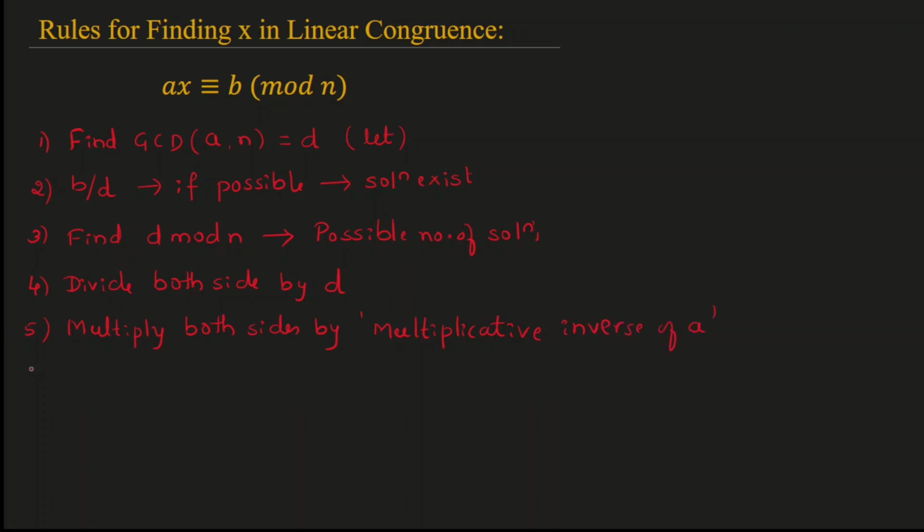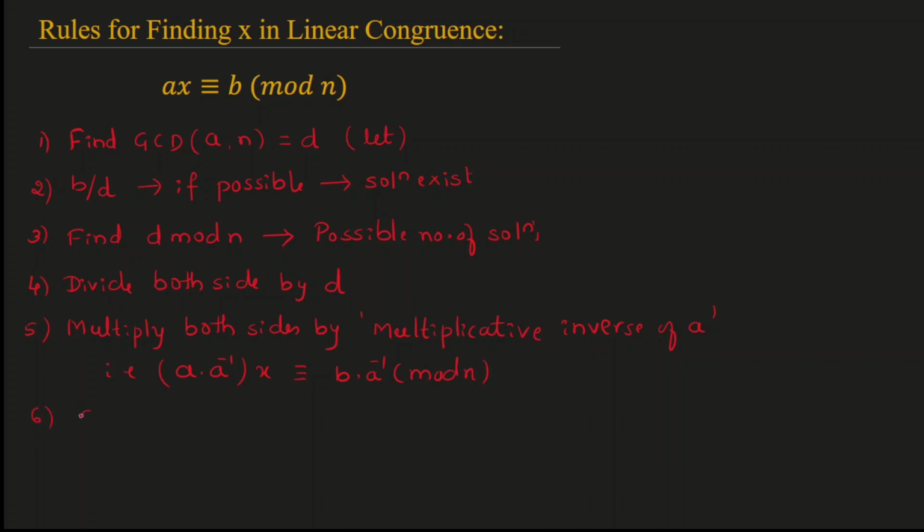What do you mean by this? Multiplicative inverse means a into a inverse gives you 1. So for this equation, a into a inverse of x congruent to b into a inverse mod n. The equation becomes like this.